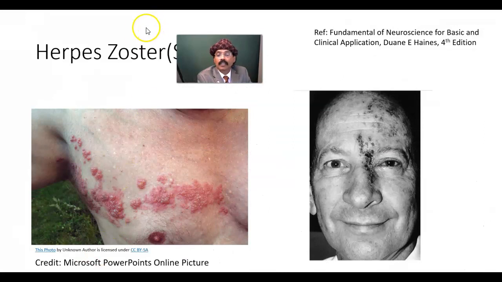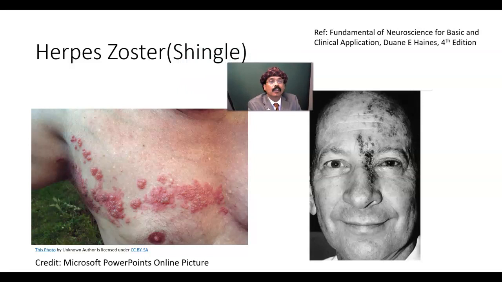Now, this is the herpes zoster, also called shingles. This is very important to remember, as it is a common problem. Herpes zoster is caused by the same virus that also causes chickenpox. Chickenpox occurs at an early age, then the DNA of that virus may remain in the dorsal root ganglion, maybe even in the geniculate ganglion of the facial nerve, or in the trigeminal ganglion.